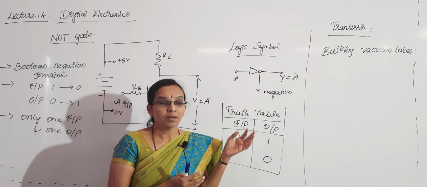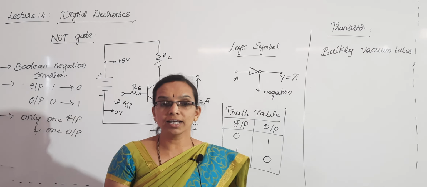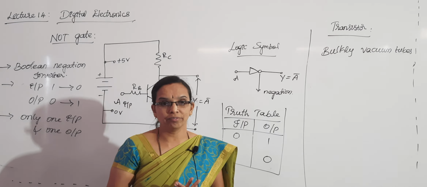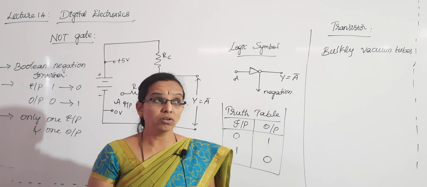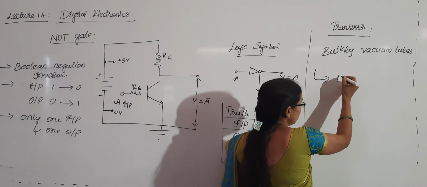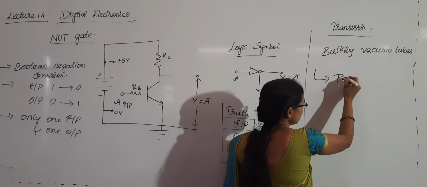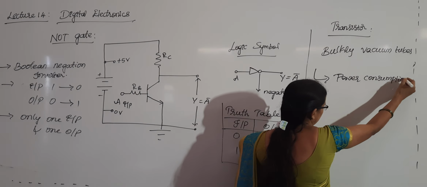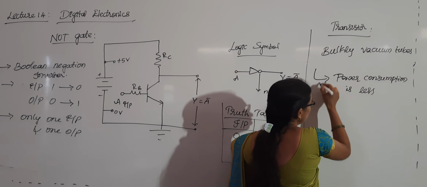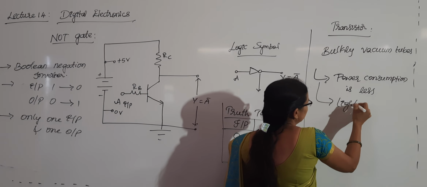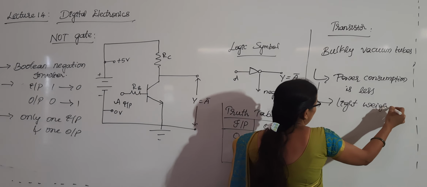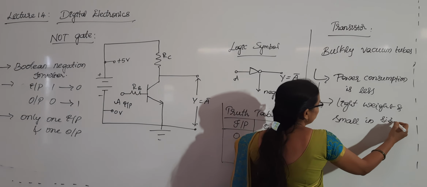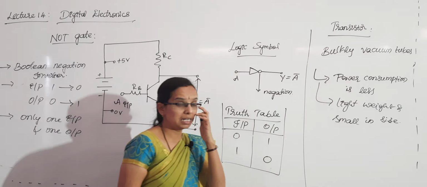That was the process. A transistor does not contain any filament or electrodes, so heating power will be saved. No heating power is required. Also, power consumption is less in transistors, and they are lightweight and small in size, and they can also be fabricated on ICs.